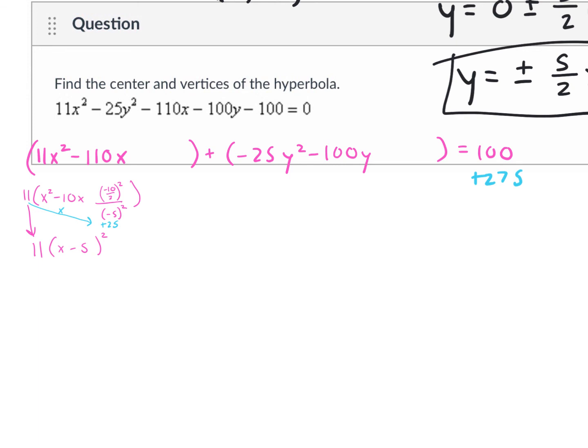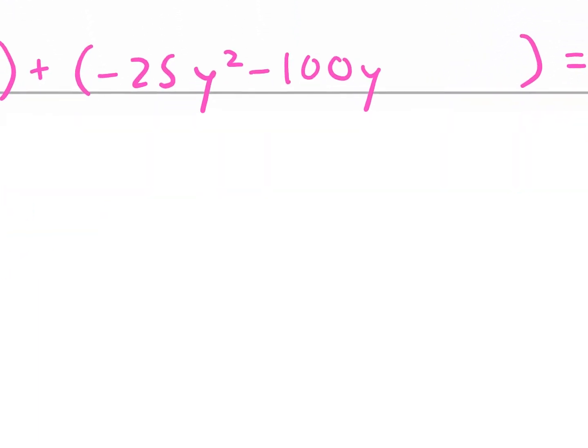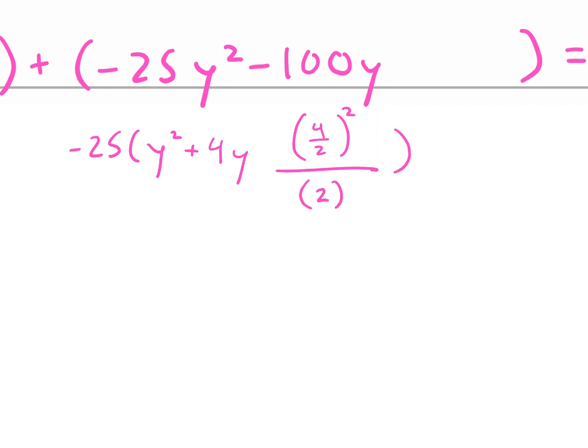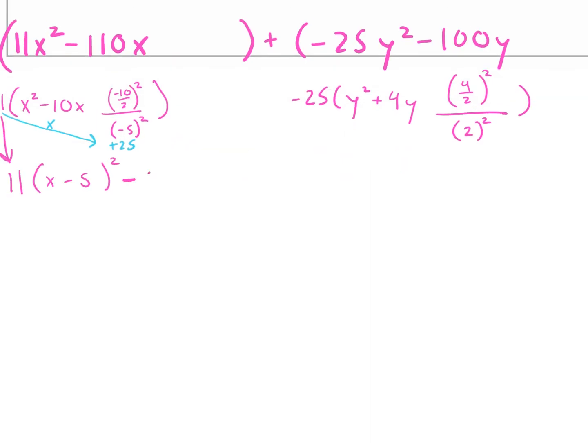Now let's do the same thing with the y's. What should I do first before I can complete the square? Take a negative 25 out. So I have negative 25 times y squared plus 4y. What's going to go in here to help me complete the square? 4 over 2 squared. And 4 over 2 would be 2. So I have 2 squared here. What's going to go in my parentheses down here?